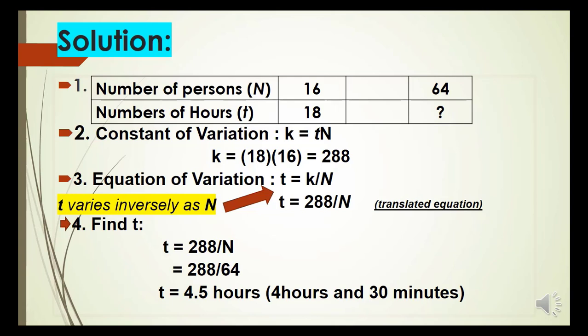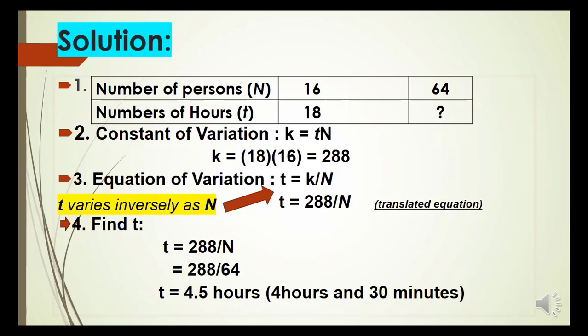Step number 3, equation of variation. We just simply translate "t varies inversely as n," or t varies to the reciprocal of n. That's why n is in the denominator of this fraction, k over n. Assign 288 to k over n, and this is the translated equation.